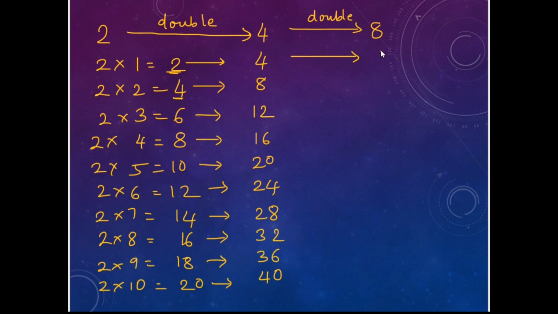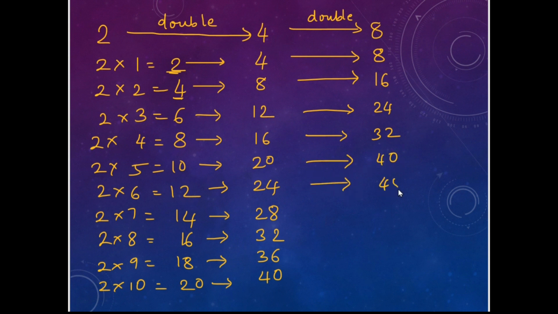Now the same I am going to do for 8. 4's double is 8, 8's double 16, 12's double 24, 16's double 32, 20's double 40, 24's double 48, 28's double is 56, 32's double is 64, 36's double is 72 and 40's double is 80.